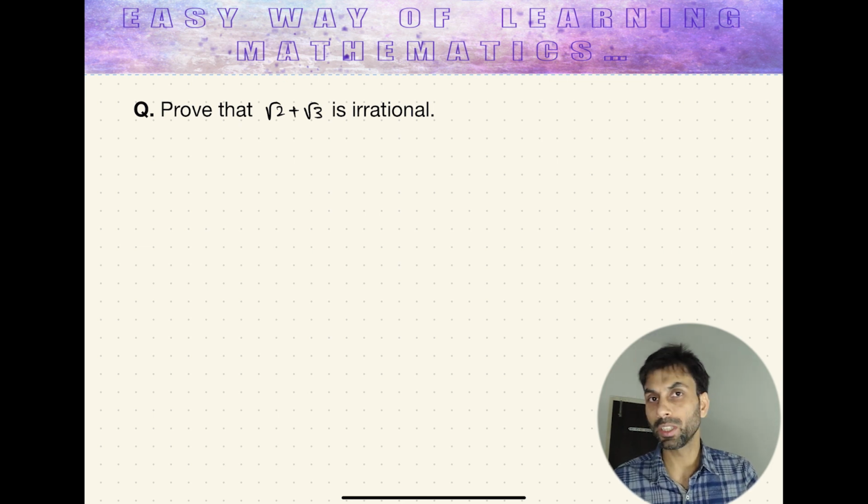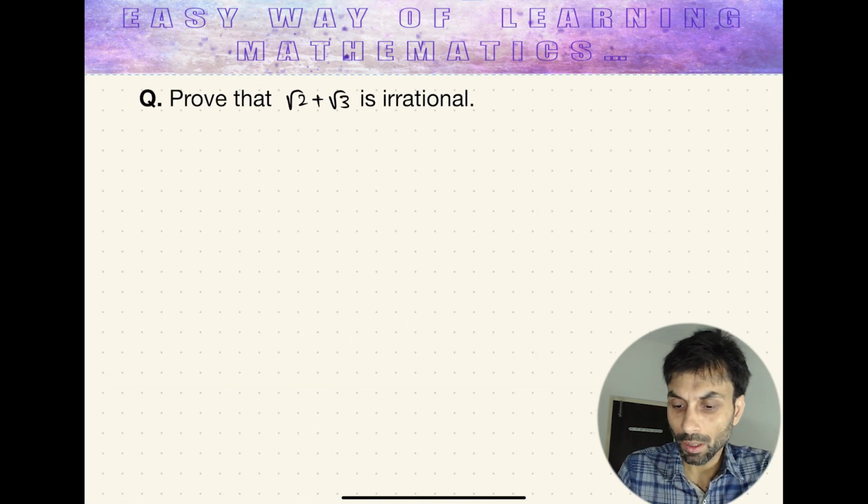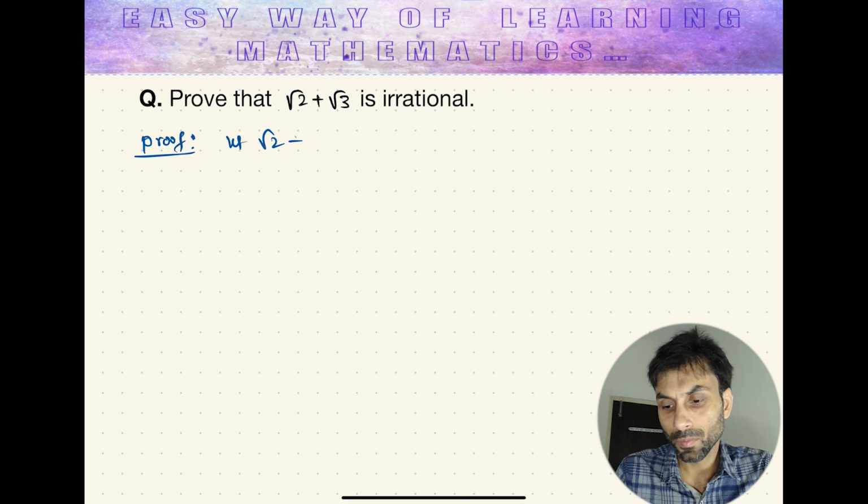So how are we going to prove this type of question? Let's see that. So again we'll take, let root 2 plus root 3 be a rational number.